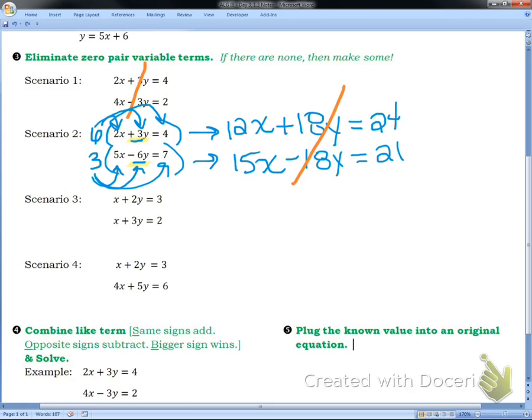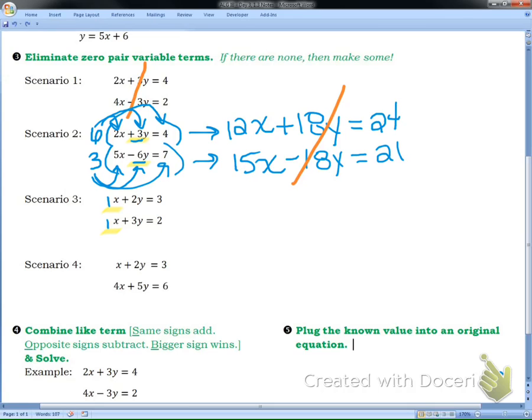Look at your variables. Do you notice the x's? What's the coefficient of both those x's? You say 1. They're both positive 1. So kind of like scenario 2, we are halfway there. We have the same number, but we don't have opposite signs yet, so we can't eliminate.